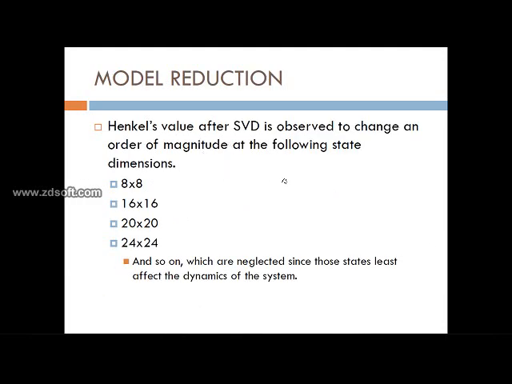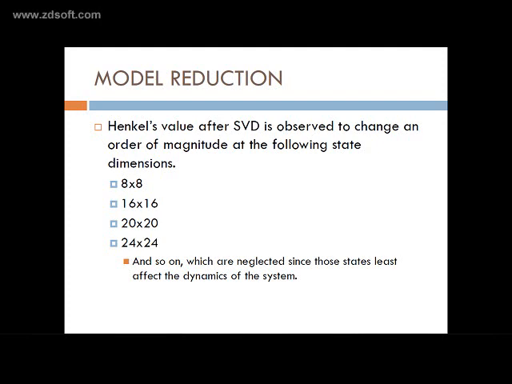By using the same model reduction technique which was discussed earlier, we get the Hankel values for the original system and see that the reduced order models should be of 8th order, 16th order, 20th order and 24th order.